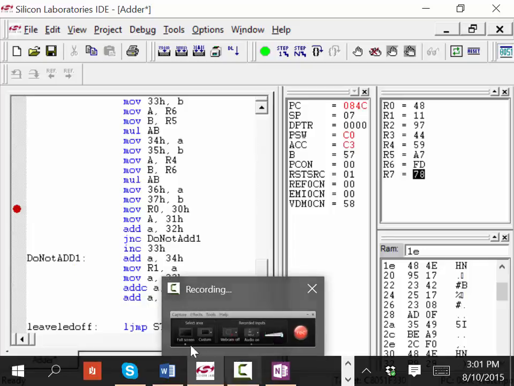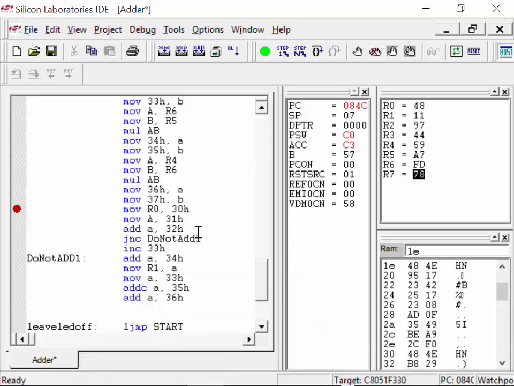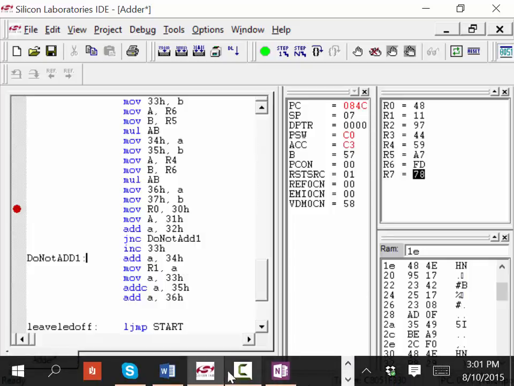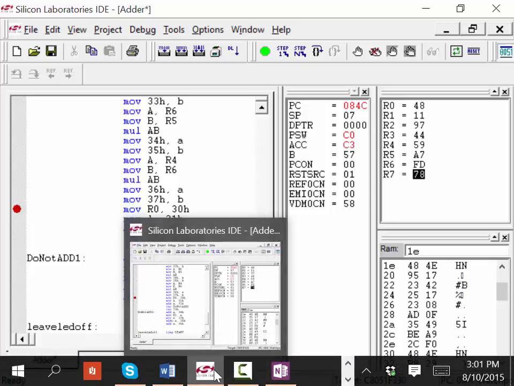Right there. So what I'm doing here is that if I don't have a carry from those two adds, I'm going to skip this increment. Otherwise, I'm just going to increment location 33 in order to handle the carry that way. I'm just going to add 1 to one of the numbers I'm going to add up here. Now, the problem comes in. Let's go back and look at this to see if that's going to create a problem.